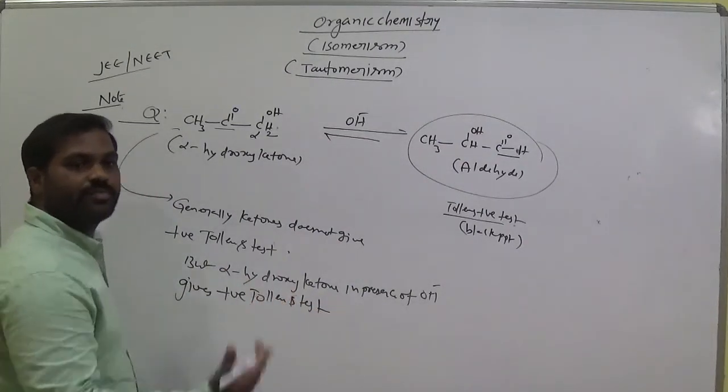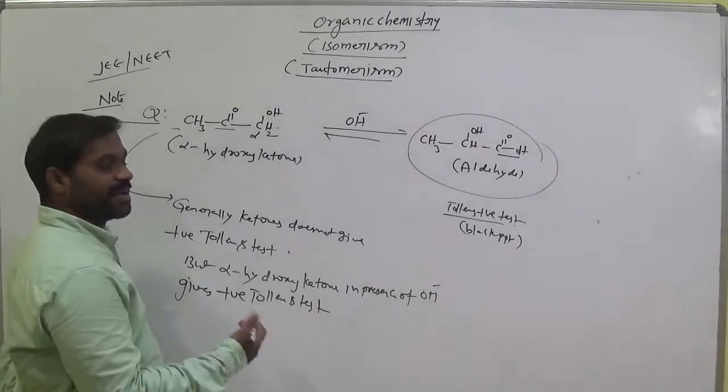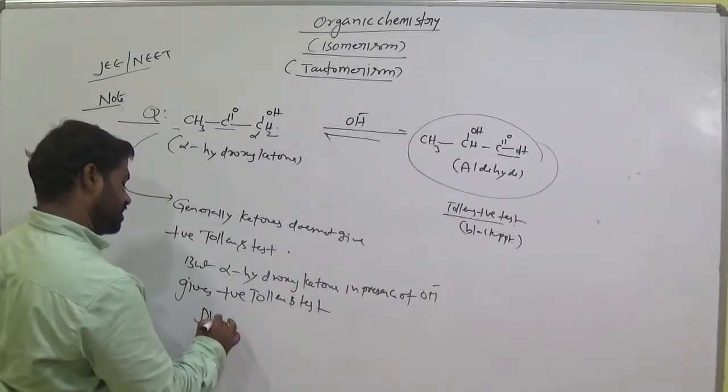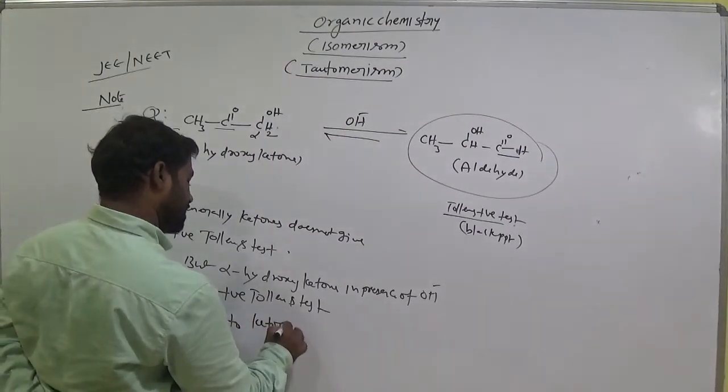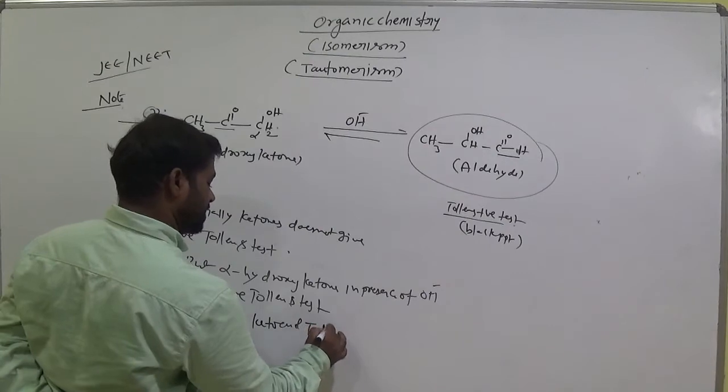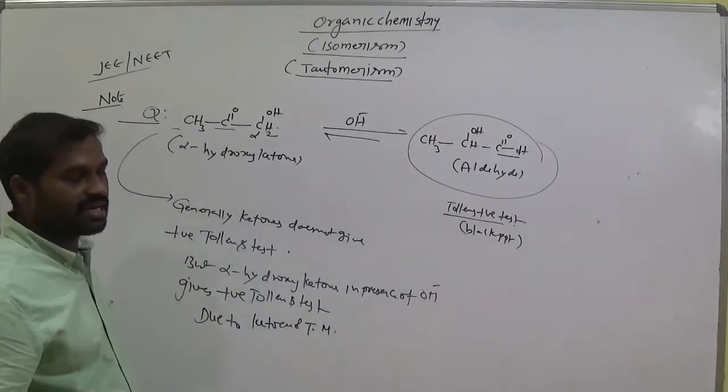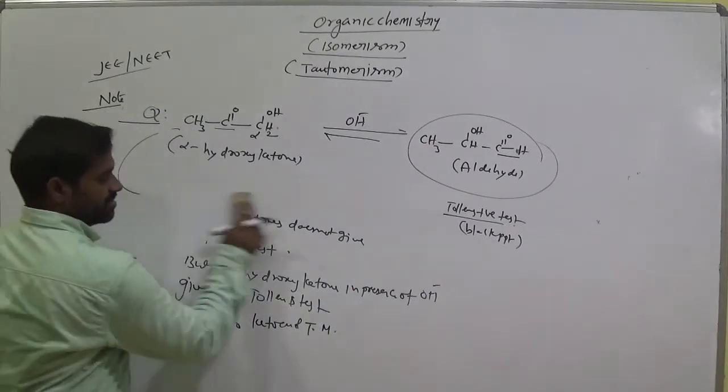Positive means they give the Tollens test only, okay, the black precipitate, due to keto-enol tautomerism. Keep it in our mind.